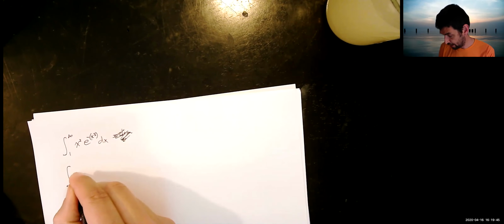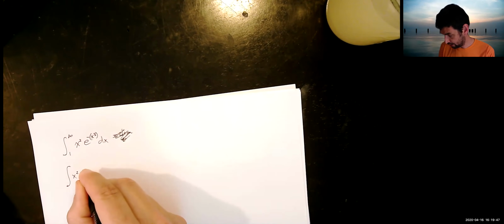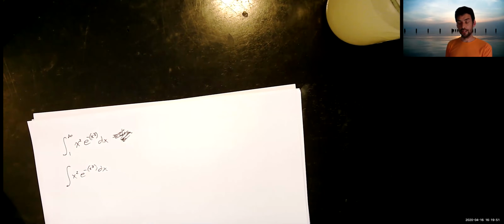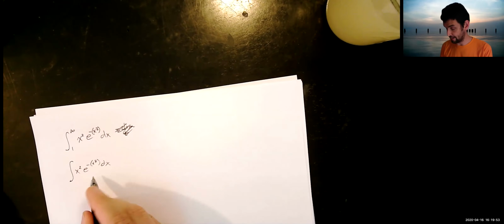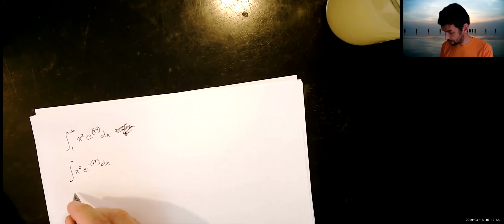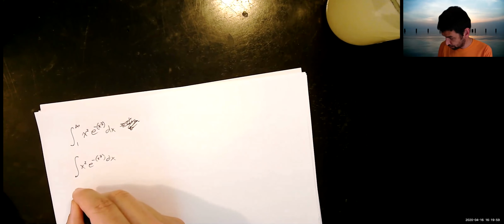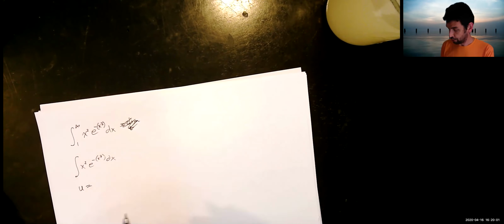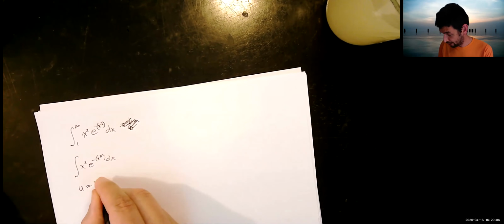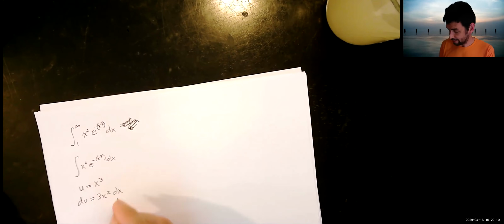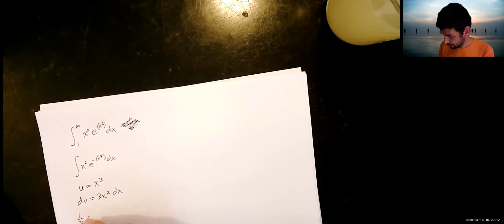So I want to look at x squared e to the negative x cubed dx, forgetting about the limits of integration. I just want to take an antiderivative. And you might notice that we can use a u substitution on this integral. So if I use u equals x cubed, then du is 3x squared dx, and 1/3 du equals x squared dx.